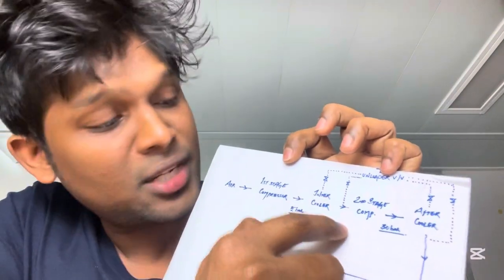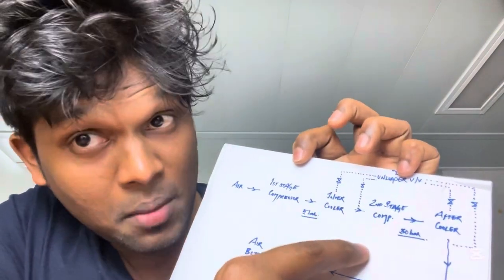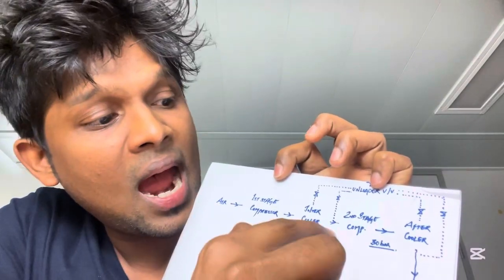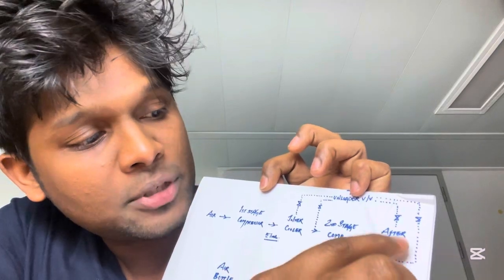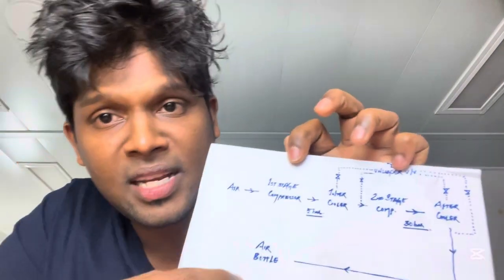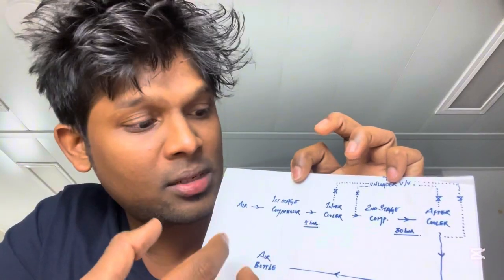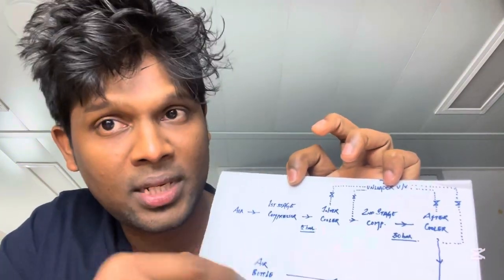In the second stage compressor, the 5 bar air is compressed further and pressurized up to 30 bar. This is passed through the aftercooler, and from there we send it to the air bottle. So this is how the compressor compresses the air, and we store it in the bottle.